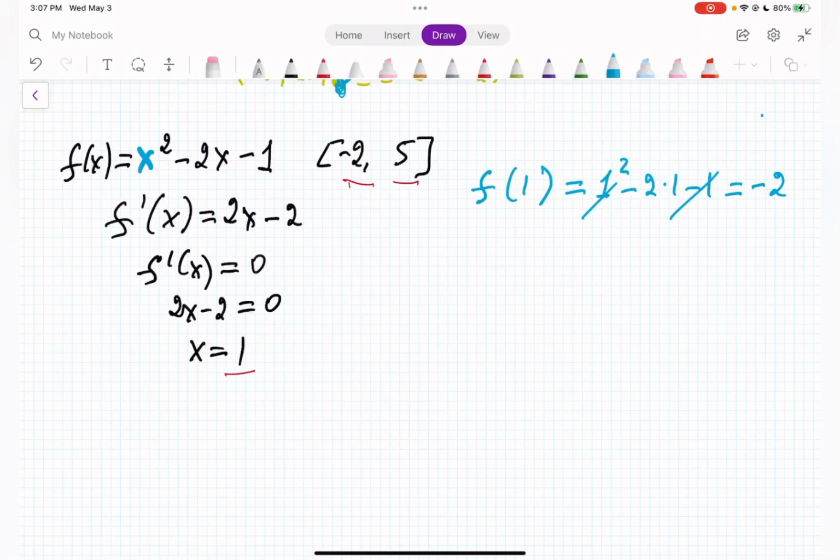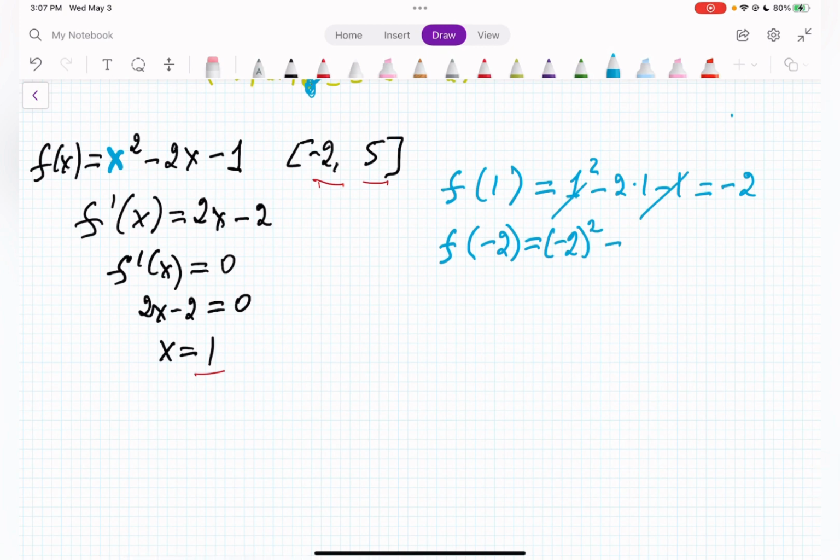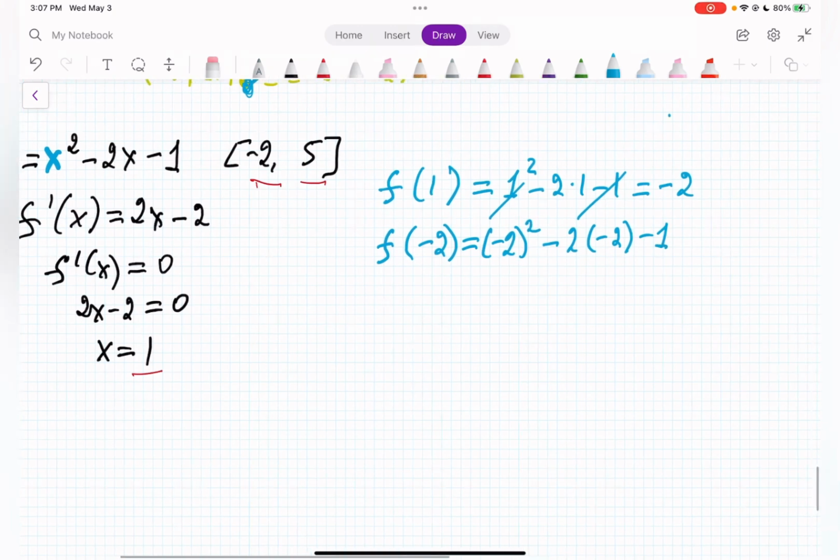Next, f of negative 2 is equal to negative 2 squared minus 2 times negative 2 and minus 1. What are we getting? 4 plus 4 minus 1.